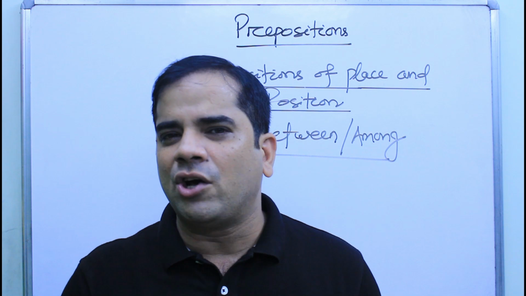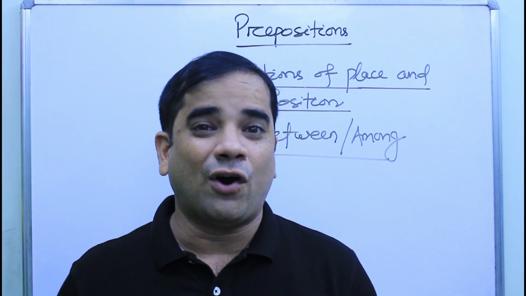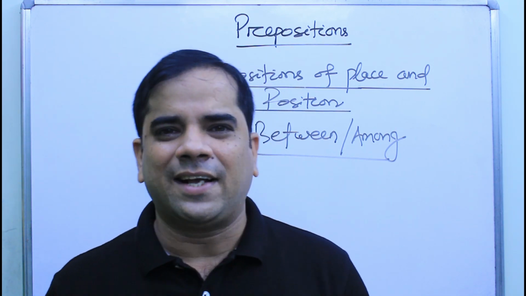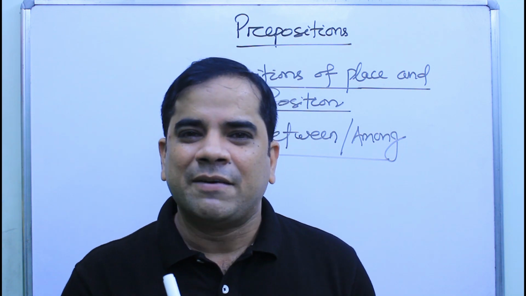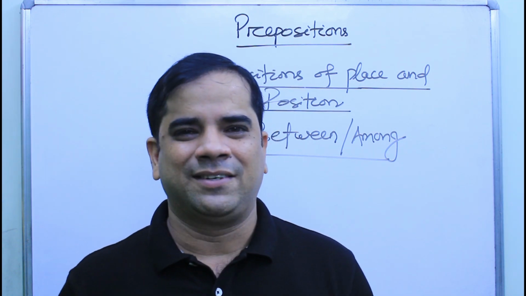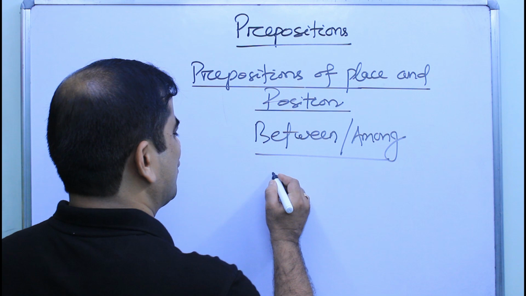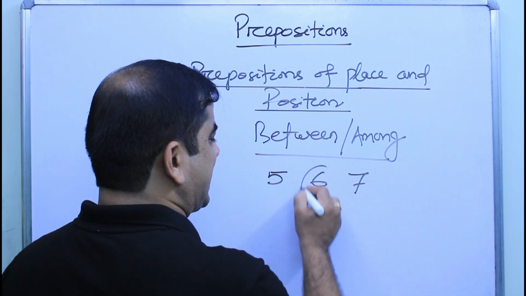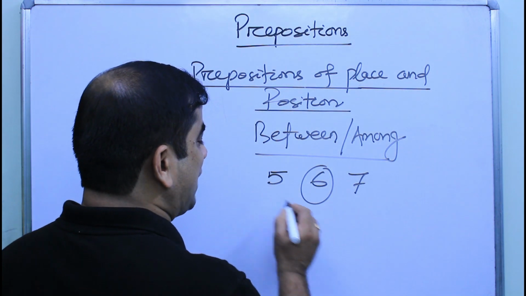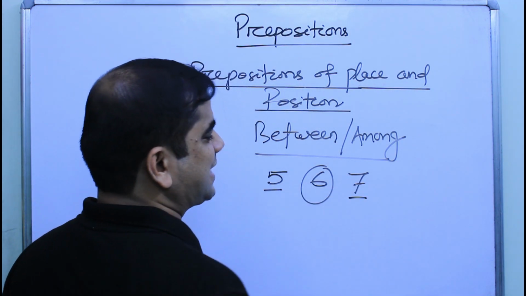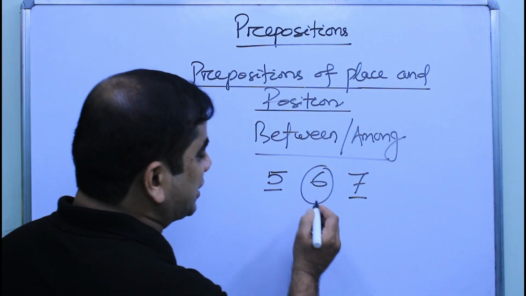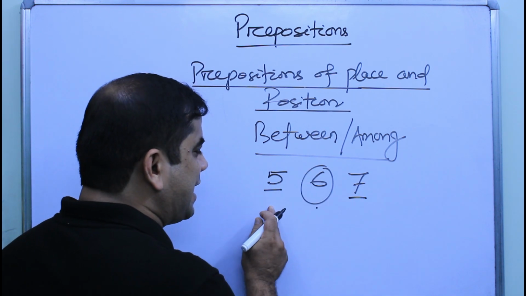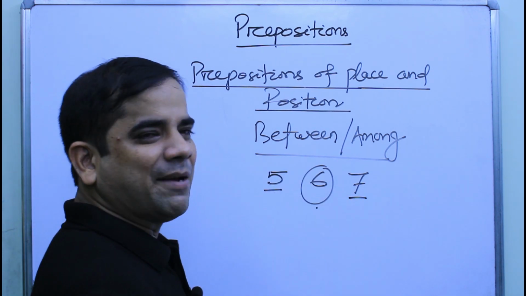Students, let me give you a simple example for between. Let us take three consecutive numbers 5, 6 and 7. So 6 is between 5 and 7. So the position of 6 is between 5 and 7.